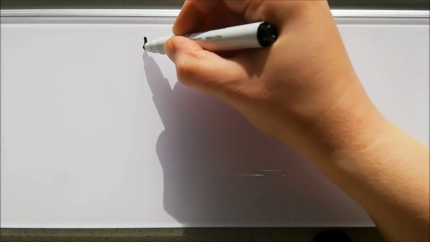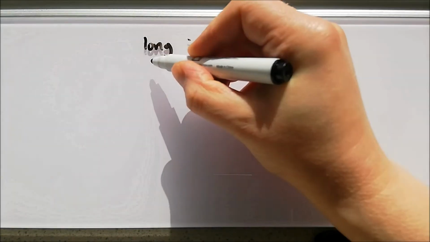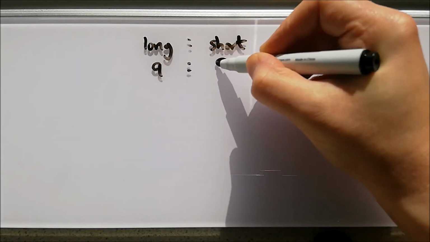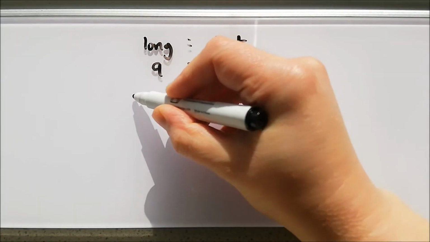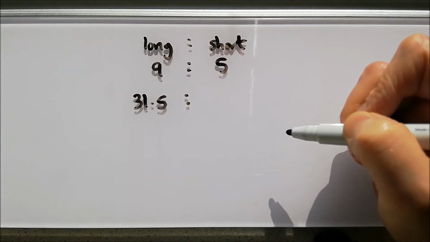How long is the short side? So we would put long to short, 9 to 5, and then the long side was 31.5, and we're being asked what's the short side.